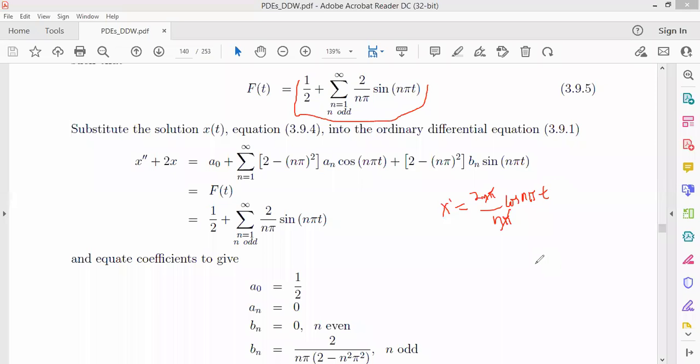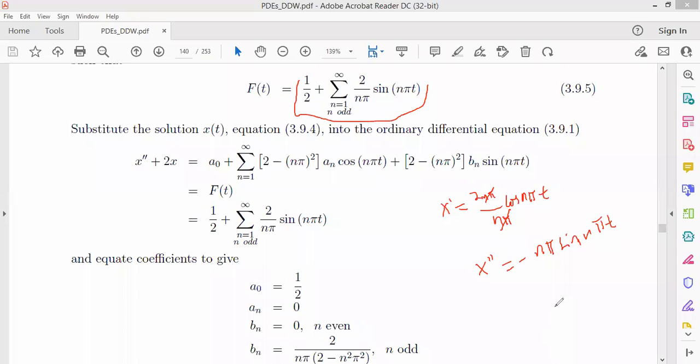So when you differentiate this one, that is x double dot. This will give you a minus n pi because of that, and this will be sine of n pi t.